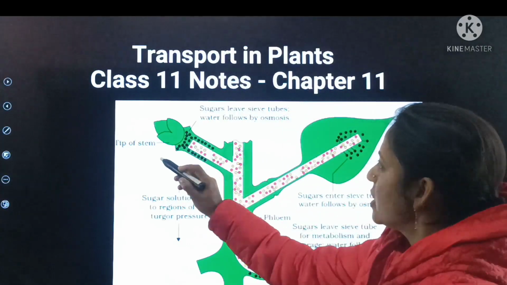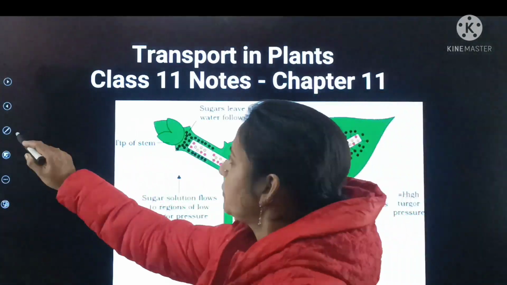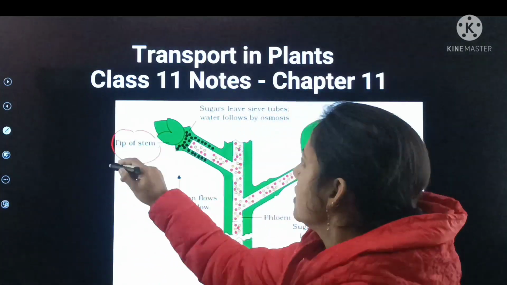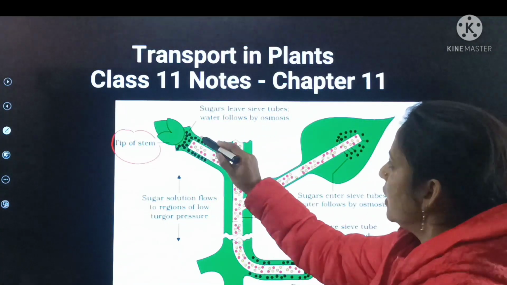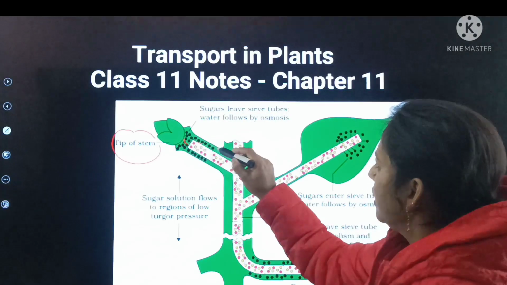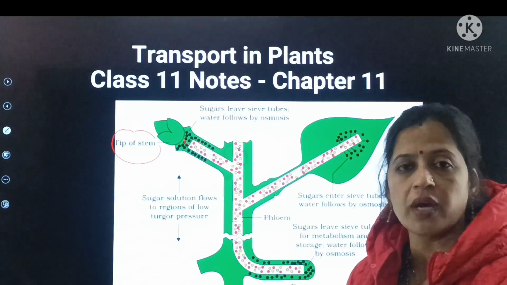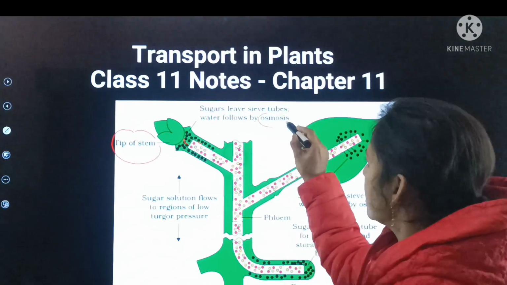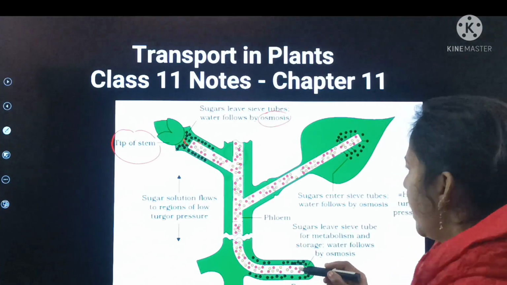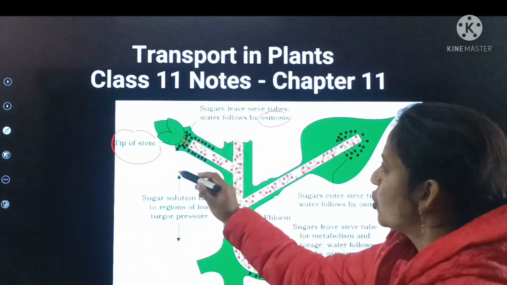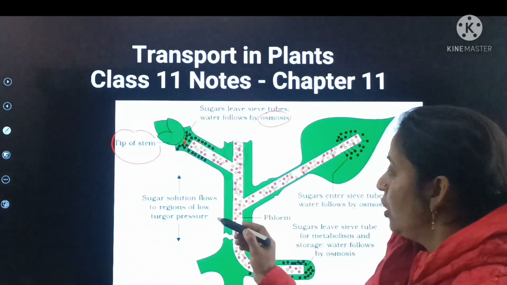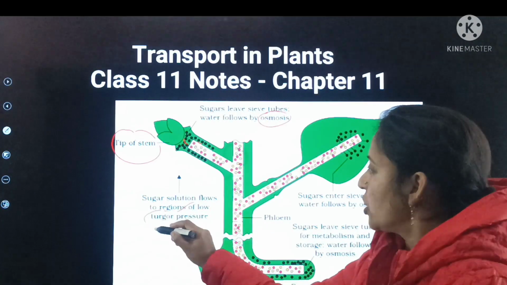Here this is the tip of the stem, and here these are the sugar leaf seed tubes, where the water follows by the process of osmosis. Here this is the sugar solution that flows from the region of low turgor pressure.